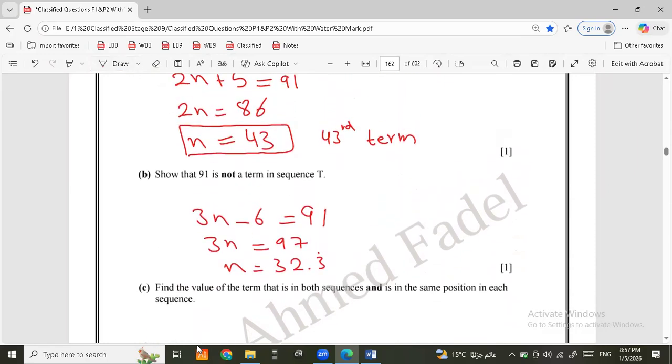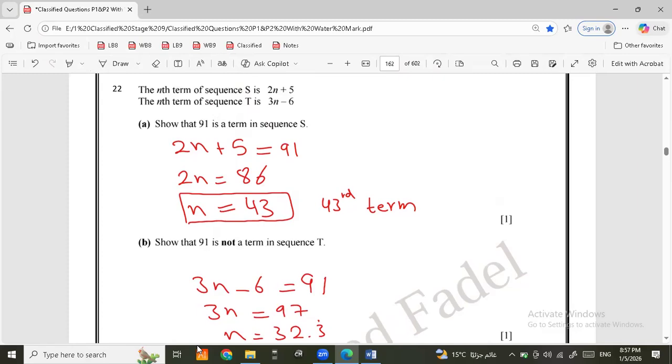Find the value of the term that is in both sequences and is in the same position in each sequence. They're saying to you that there is a term in both sequences in the same position in each sequence.